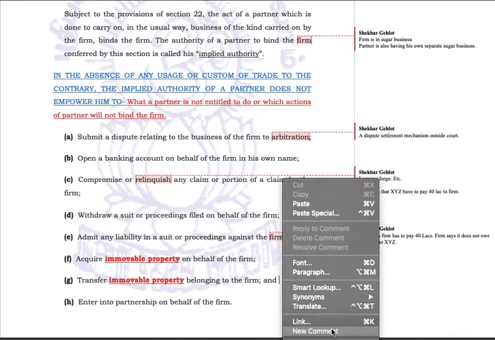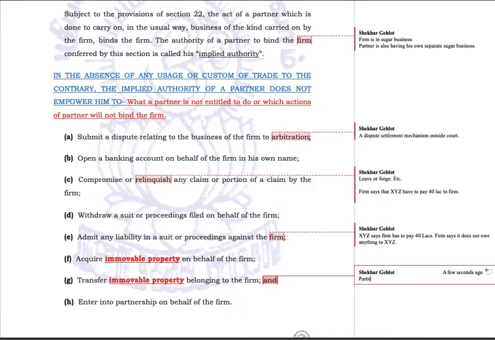That means a partner can buy and sell movable property for the firm. And what is a movable property? When we did the Sale of Goods Act, we discussed any property which is movable and which is not permanently attached to land becomes a movable property or a good.